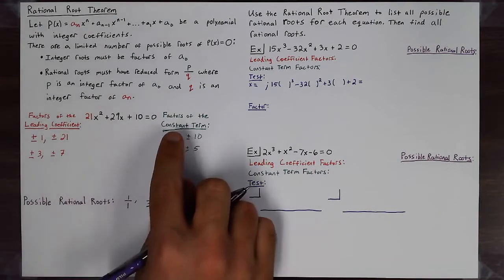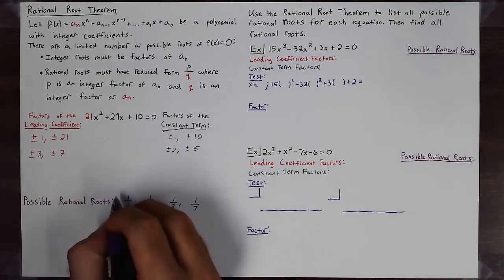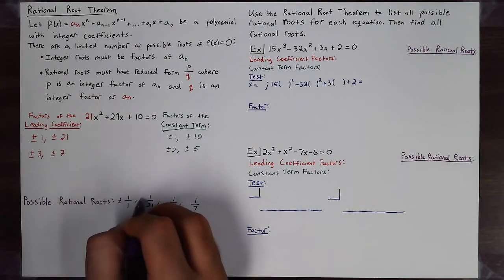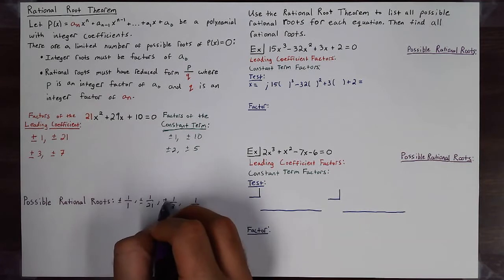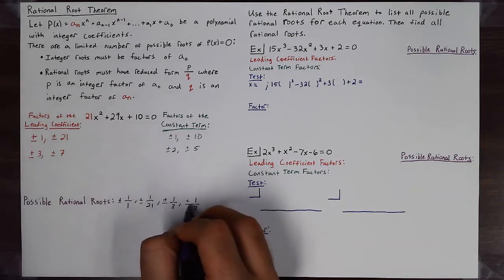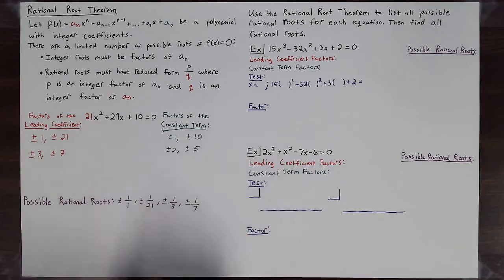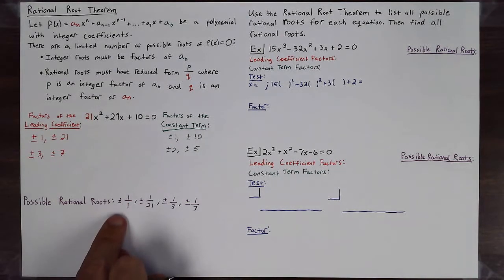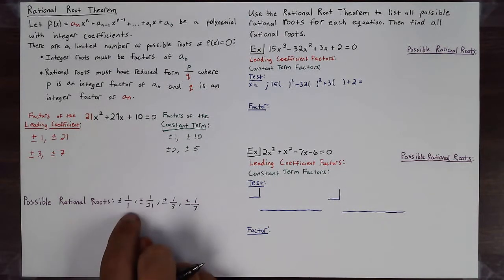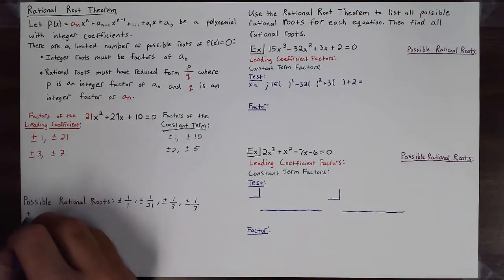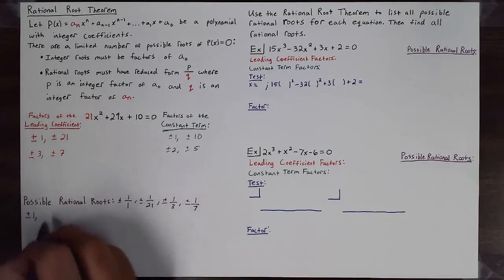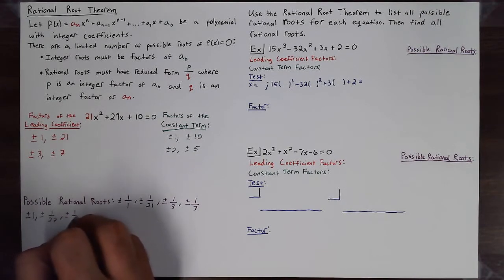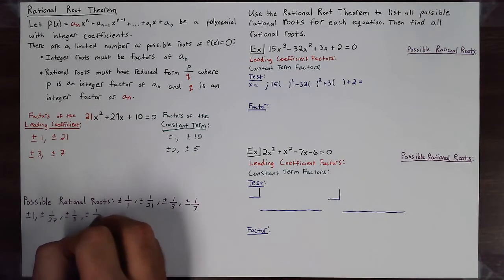And again, I could have used positive or negative of either of those numbers, so it's like plus or minus all of these numbers. And I'm going to do that for every single one. Now, to simplify, this 1 over 1 is just 1. So plus or minus 1, plus or minus 1/21st, plus or minus a third, and plus or minus 1/7.